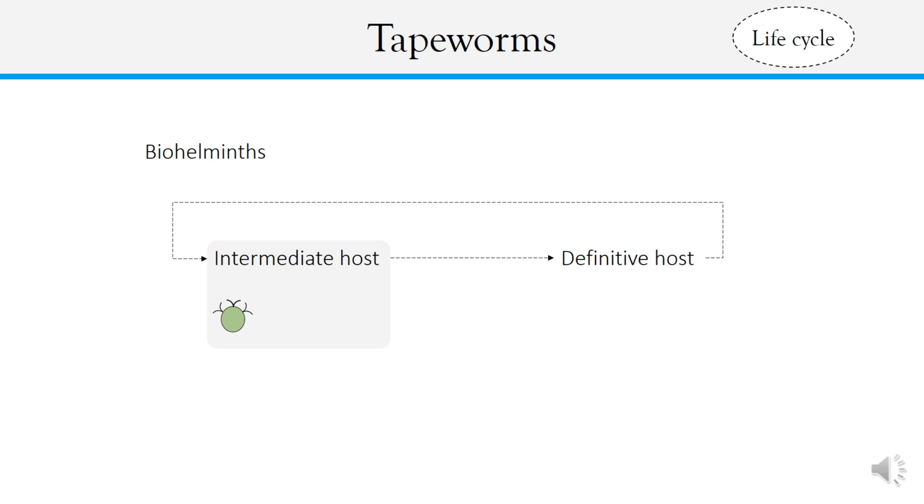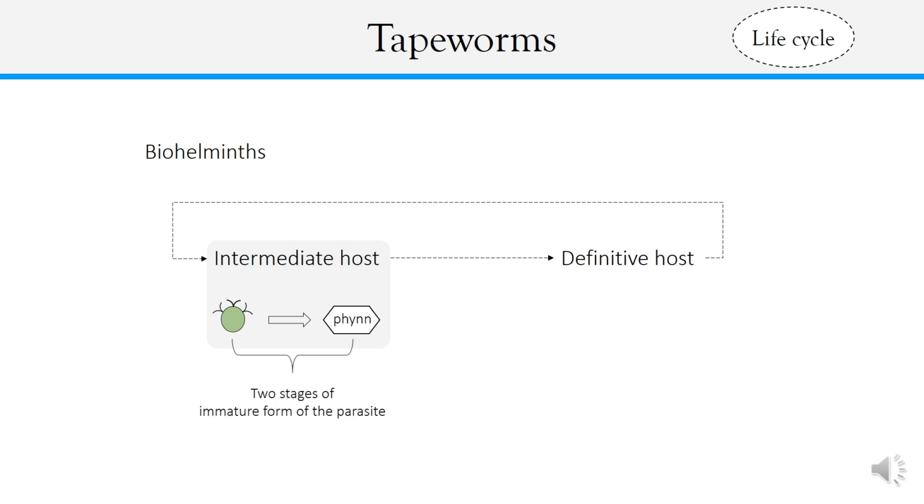Inside of the intermediate host, this oncosphere, which is one immature form, will be transformed into another immature form that is called a fin. So we may consider that both oncosphere and fin are immature forms, but they may have very different morphological properties.